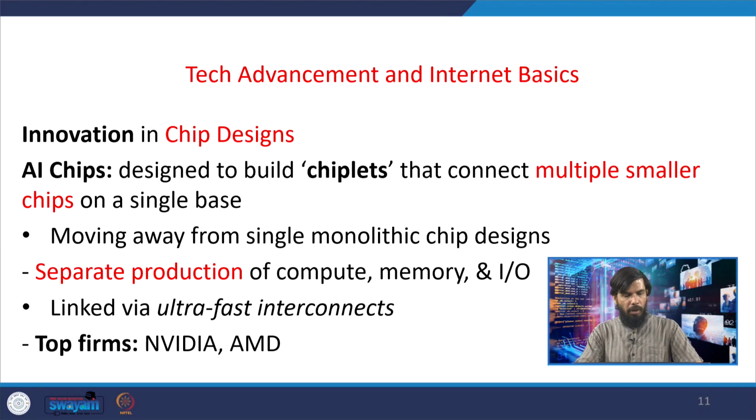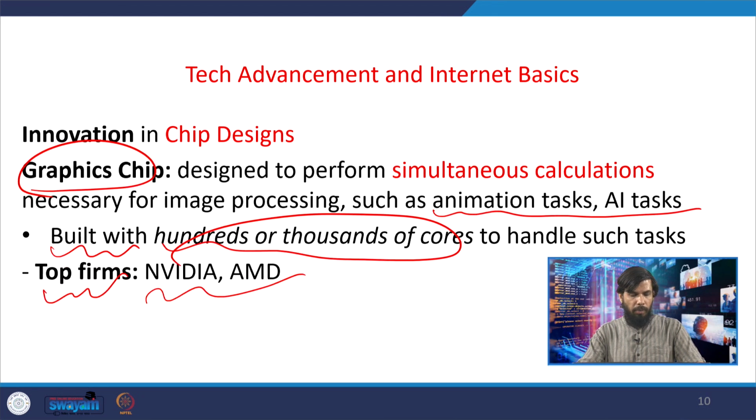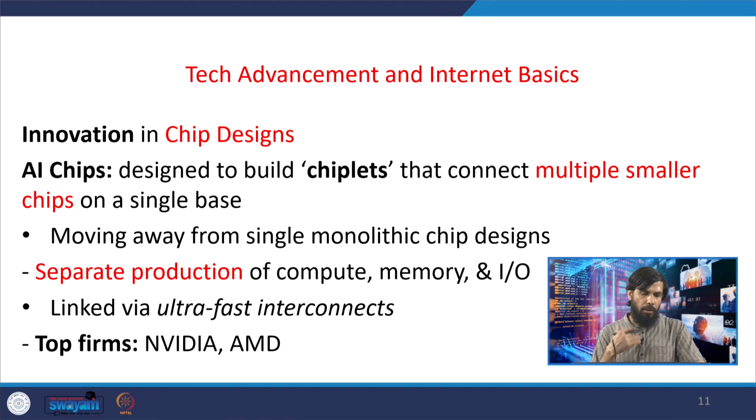Now, moving on, another innovation is AI chips. While we already talked about how graphics chips are suitable for AI tasks, because in AI tasks also we work with large data sets, which could be large image data sets or audio data sets, right. In those cases graphics chips do a wonderful job, but tech firms are looking to develop more specialized chips which we refer to as AI chips.